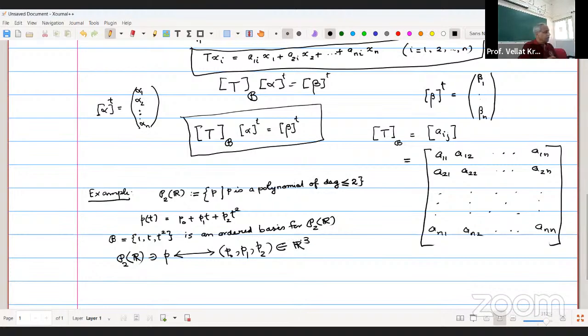You know that P2R is a three-dimensional vector space over R, and therefore it is identified with a triple p0, p1, p2. This is how you make the transformation.